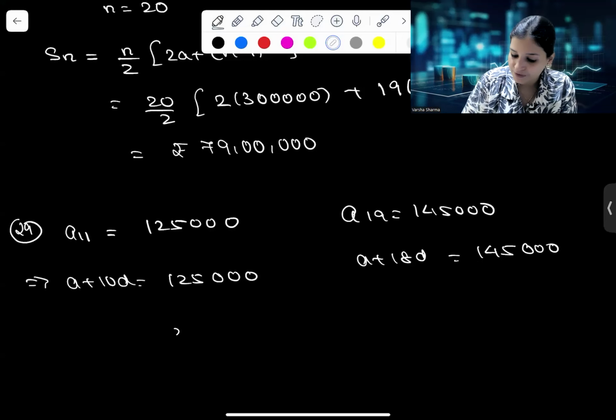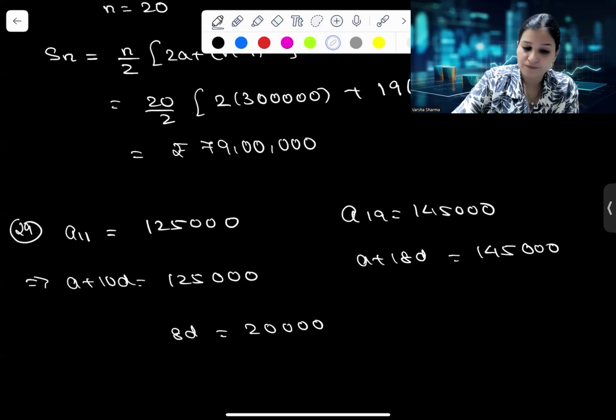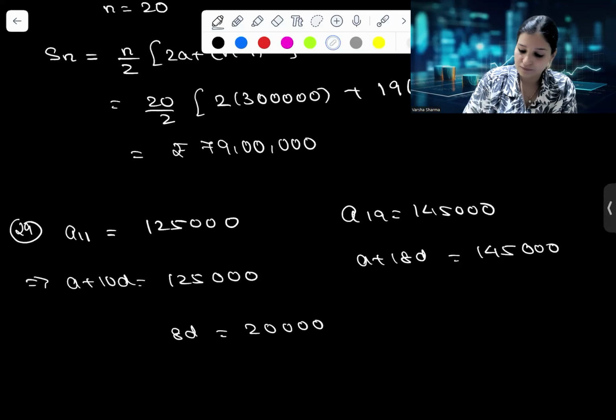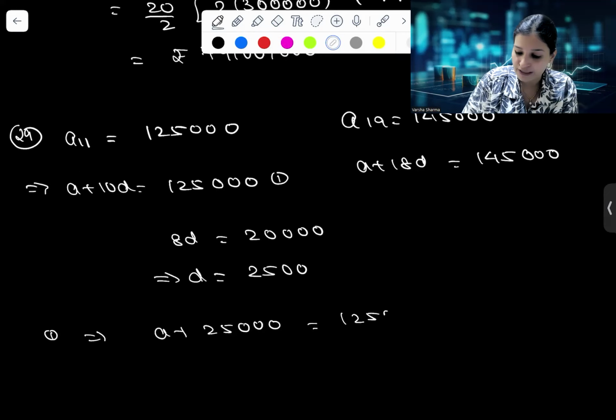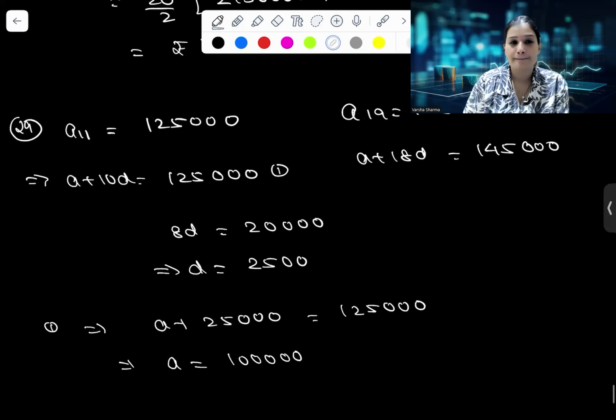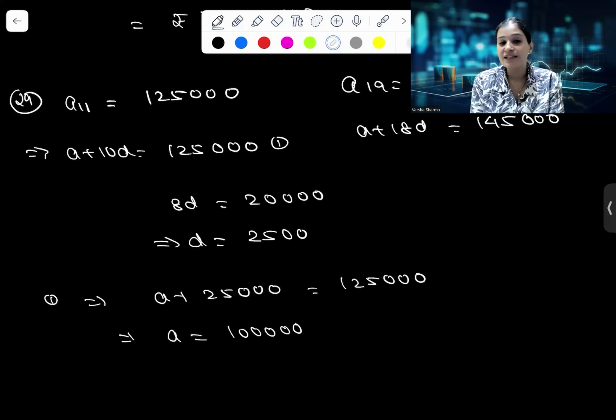Let's subtract them. 8D will be 20,000. So D will be 2,500. Let us put it in any one equation. A plus 25,000 is 1,25,000. So first salary is 1 lakh. So we are done with A and D.